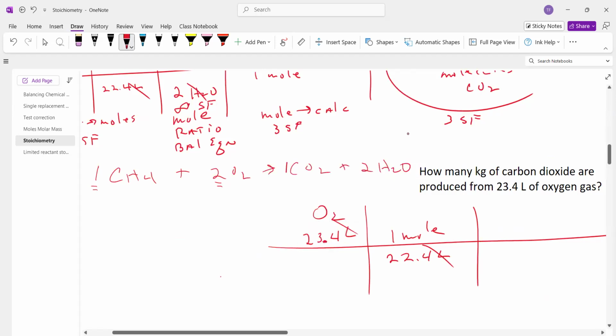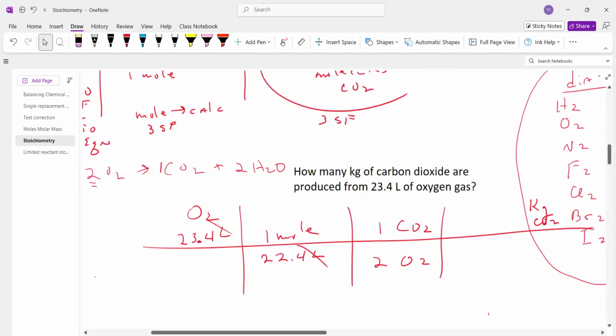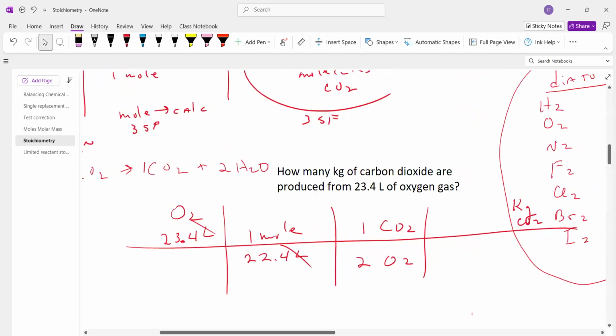So that's a 2-to-1. Now we need to go from moles of carbon dioxide to grams of carbon dioxide.